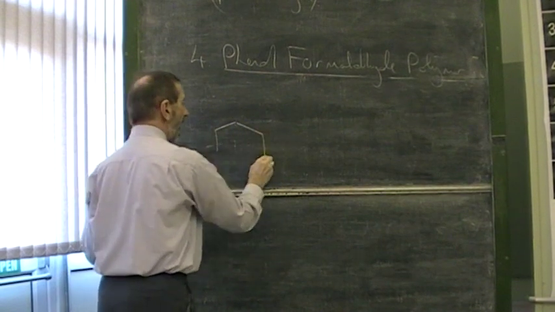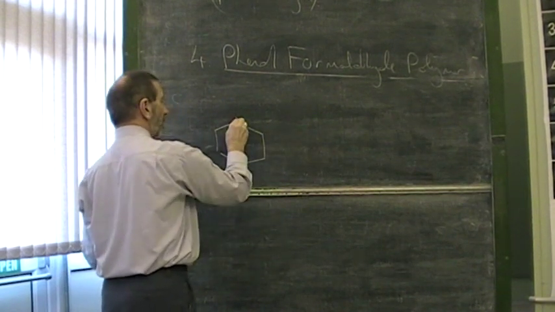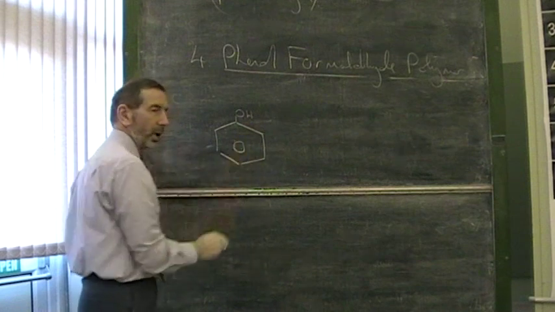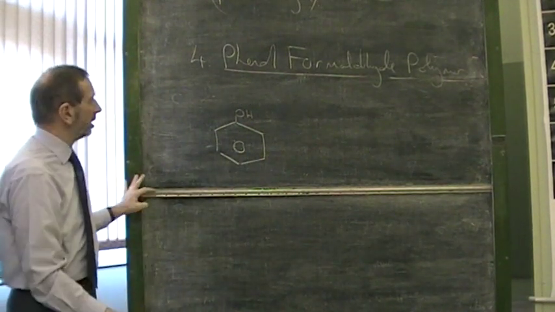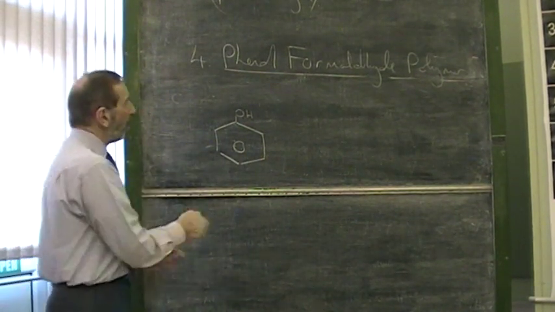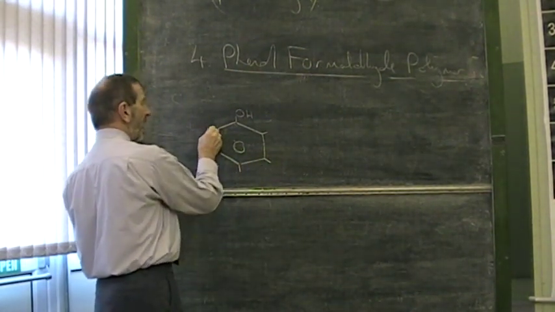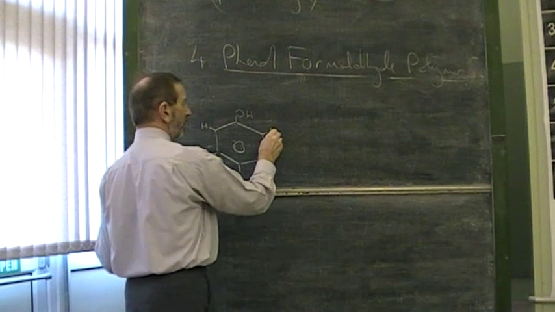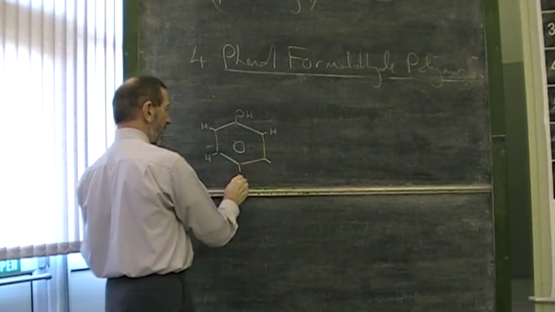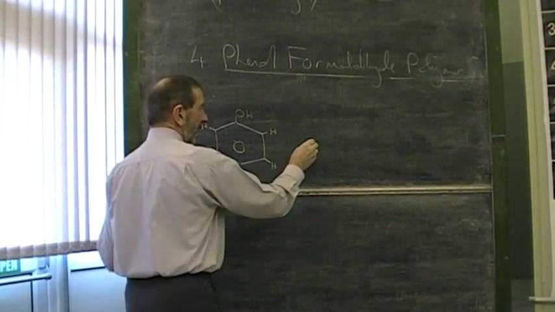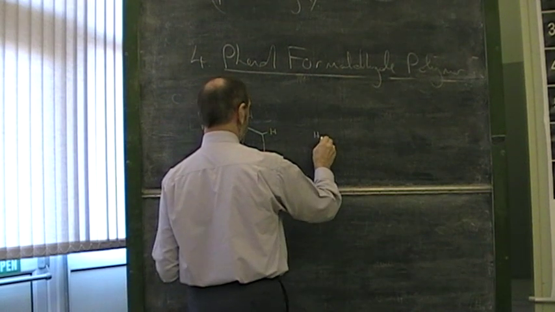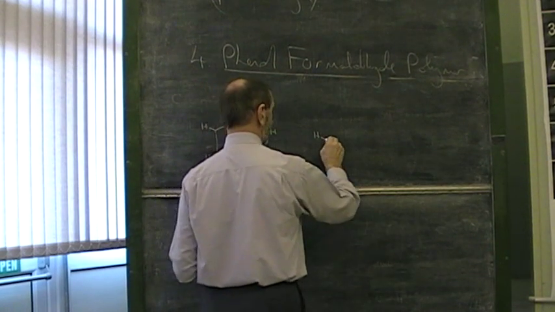Phenol is an alcohol. It has an OH group, alcohol. And the phenol implies benzene. What you have to remember is that on this benzene ring, there are hydrogens. We don't normally bother to draw them, but they are there. Let's have another one of these benzene ring structures.